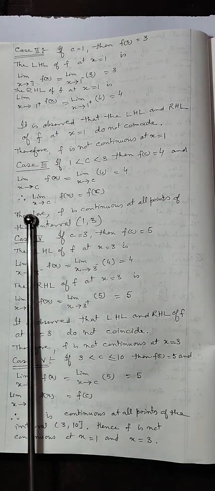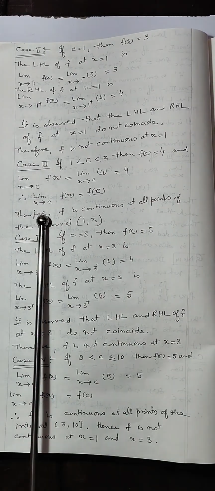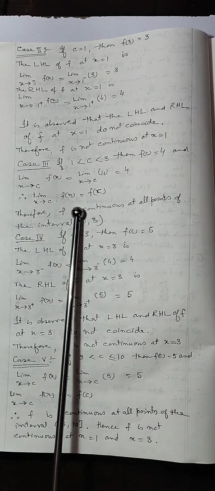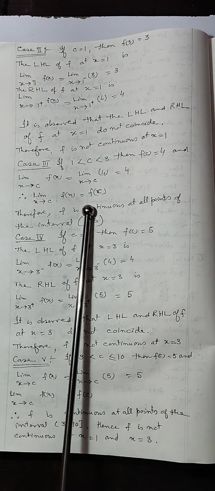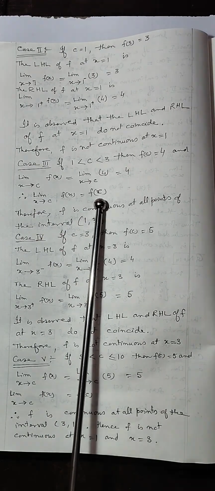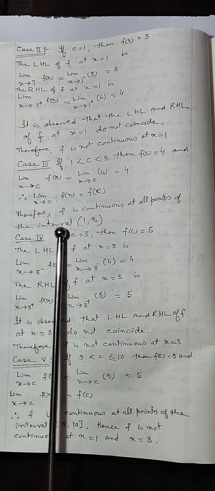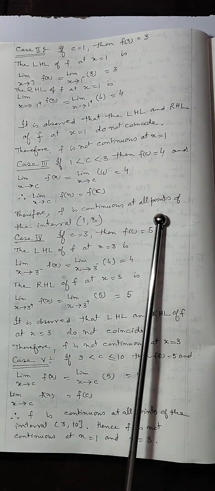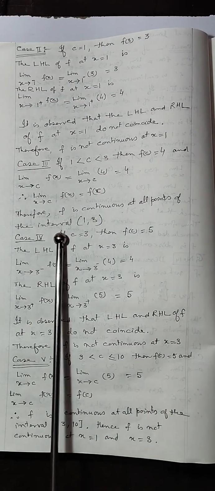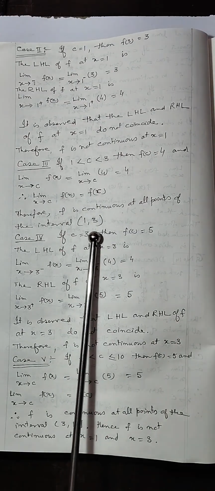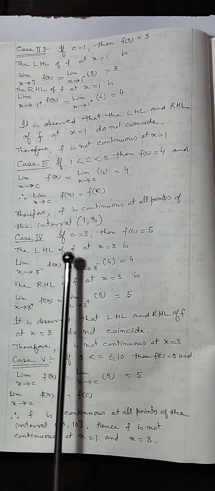So therefore the limit x tends to c f(x) is equal to function c, means f(c). Therefore function is continuous at all points of the interval 1 to 3. Now come to the case number 4.